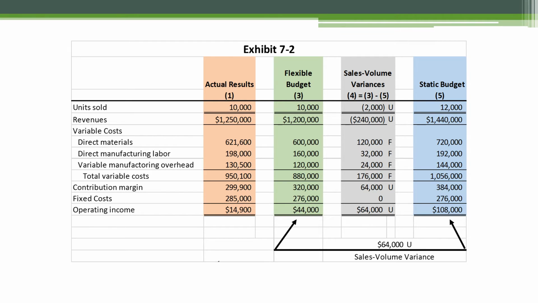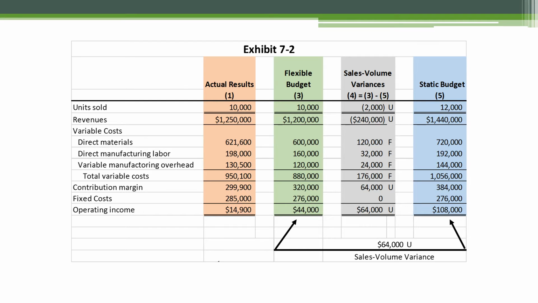The static budget calculated an operating income of $108,000. Meanwhile, the flexible budget calculated an operating income of $44,000. That left us with this $64,000 unfavorable variance. The sales volume variance helps us to break down just exactly where some of that $64,000 lies.